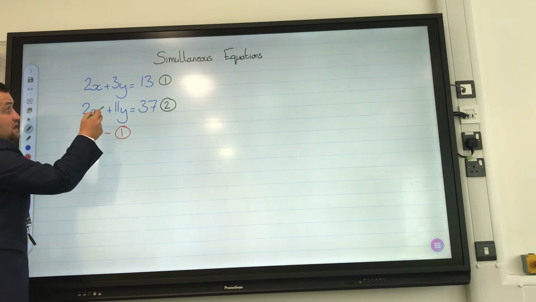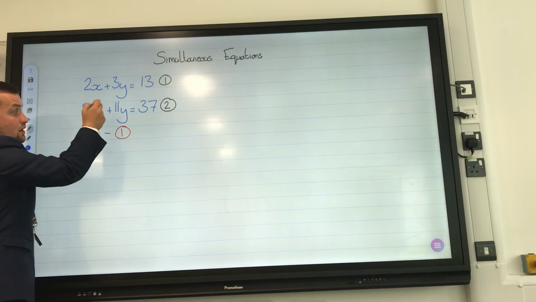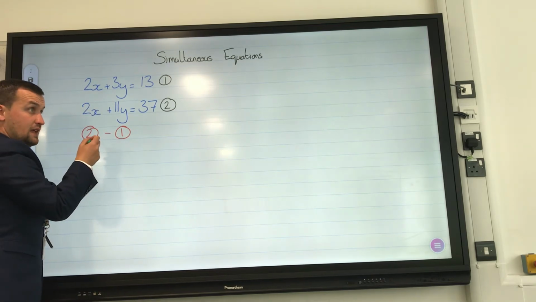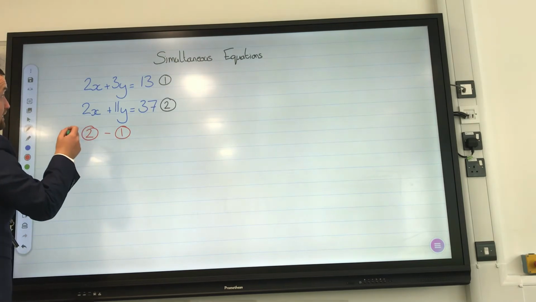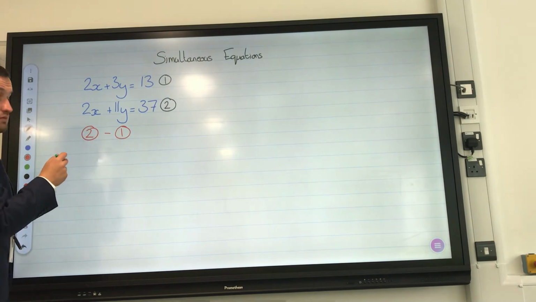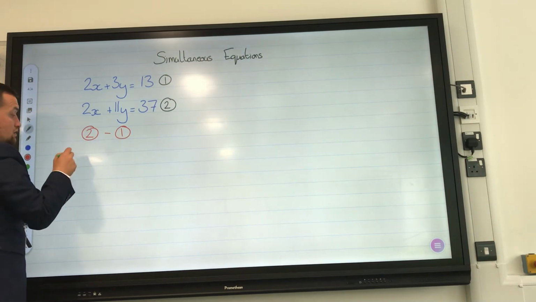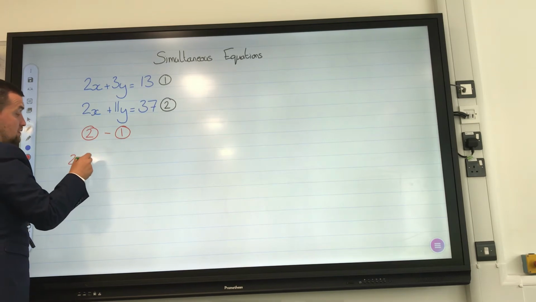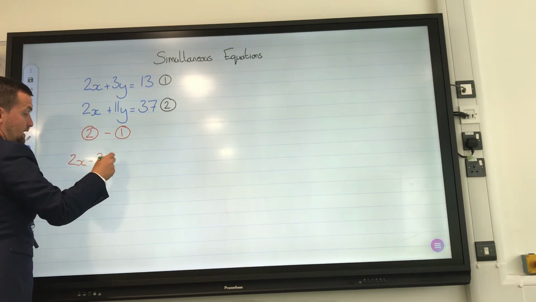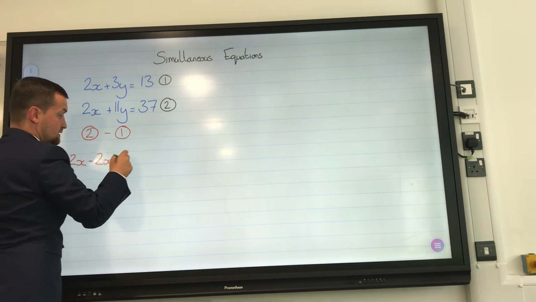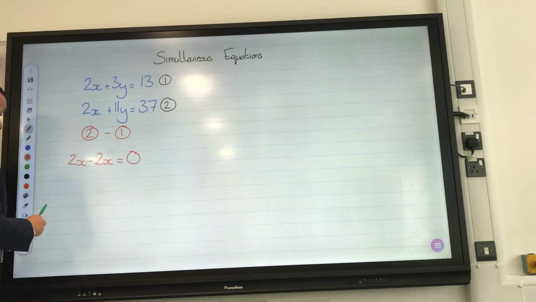If the signs in the middle are the same, you're just going to take away. And if the signs in the middle are different, you're going to add. So we're going to do 2x minus 2x. 2x minus 2x is 0.